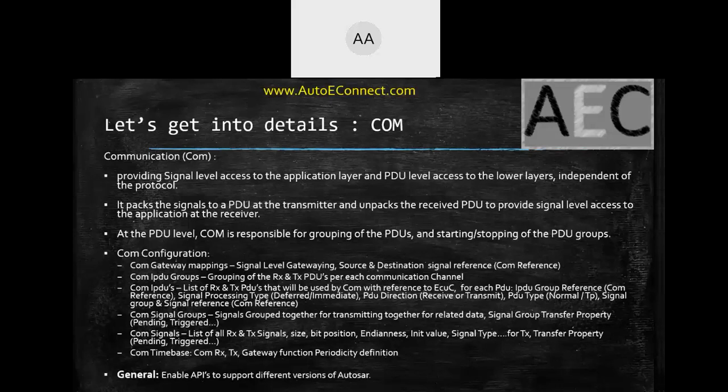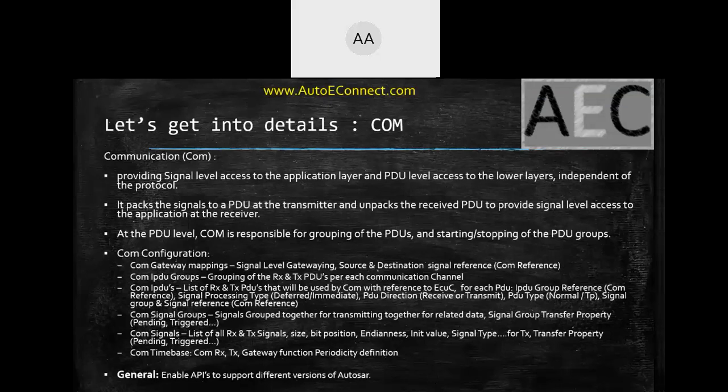Then the COM IPDUs. Like I mentioned, inside our ECU there will be lots of different types of PDUs, and at the COM level they will be called IPDUs. Every PDU can be either a transmitting PDU or a reception PDU.